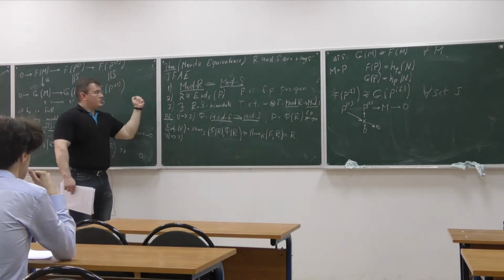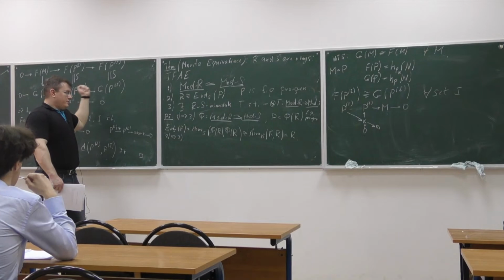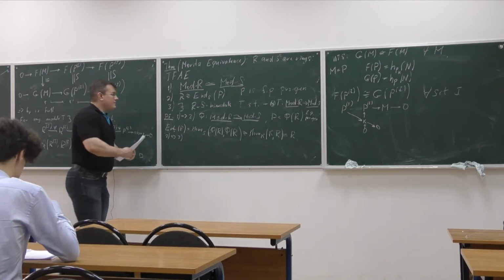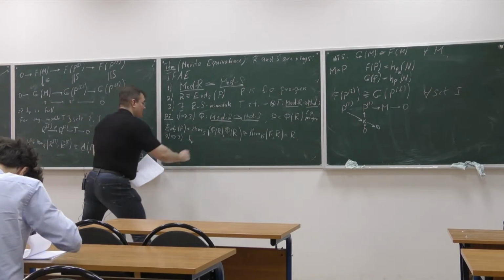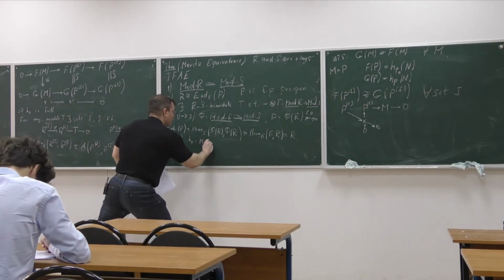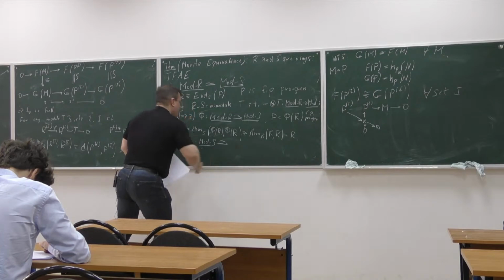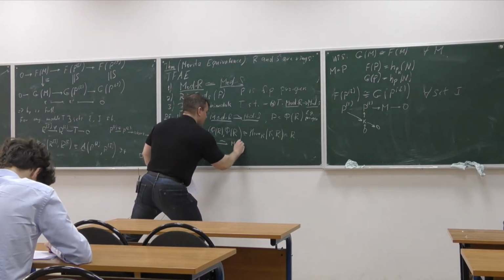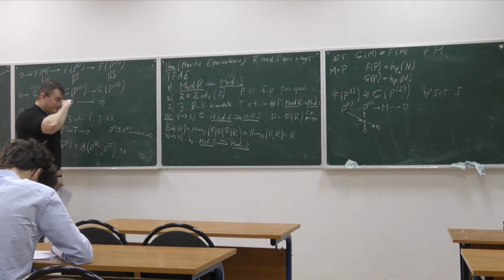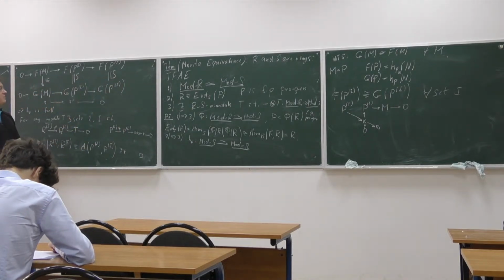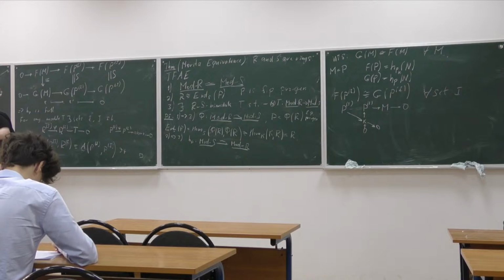Hence, the construction of the previous theorem tells us that we have an equivalence. Right? So the H sub P gives me an equivalence from the modules over S to the modules over R. So this is the hard part of this theorem, but we proved this exactly before this theorem.